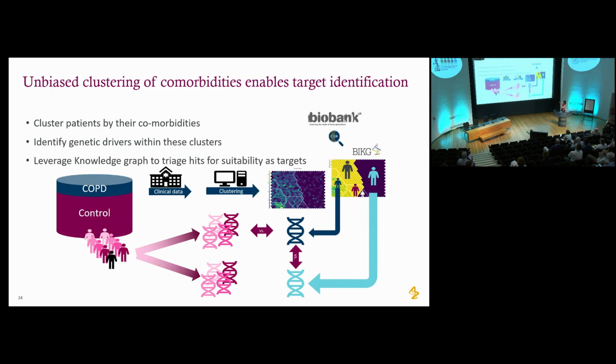So just to quickly summarize, by clustering patients by their comorbidities, we really hope to identify the genetic drivers within these clusters. And as a next step, we will, of course, leverage knowledge graph and functional screening to triage the hits for their relevance.